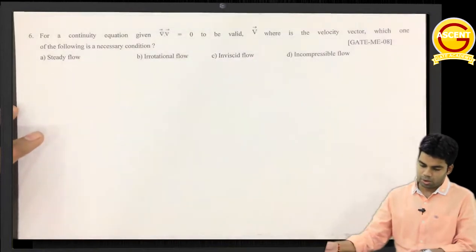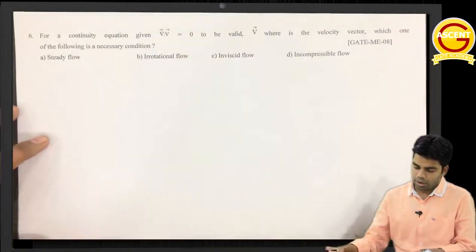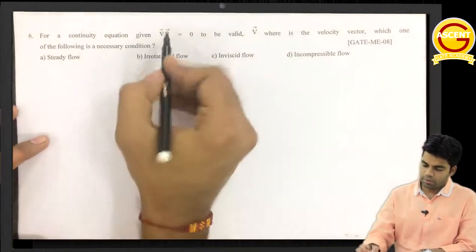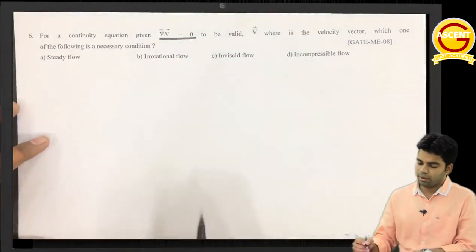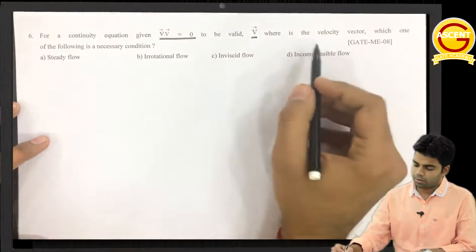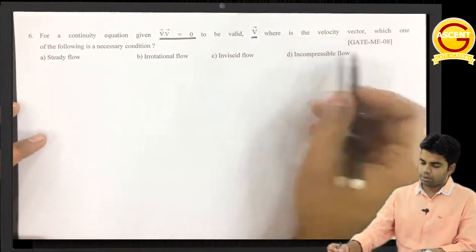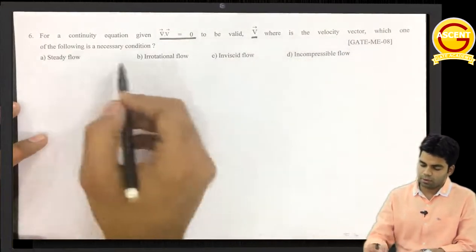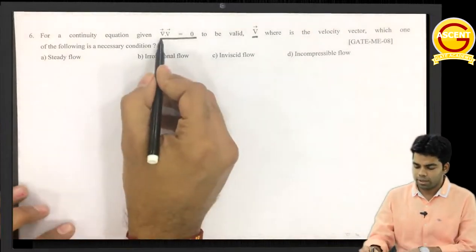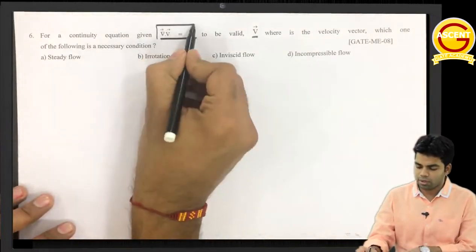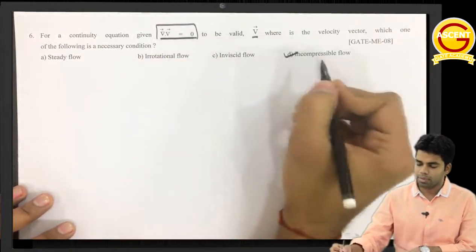Next question. For a continuity equation, the divergence of v vector is equal to 0 to be valid, where v vector is the velocity vector, which one of the following is a necessary condition? Okay, so if divergence of velocity vector is equal to 0, then the flow is incompressible flow.